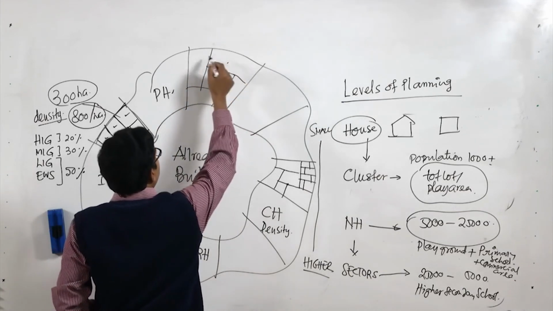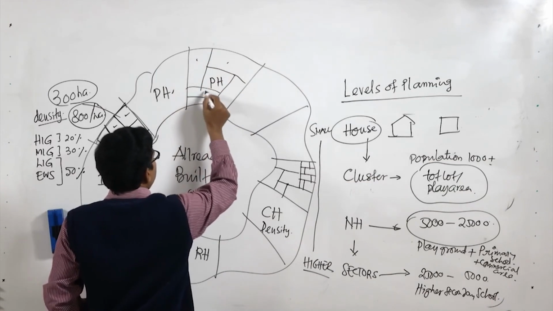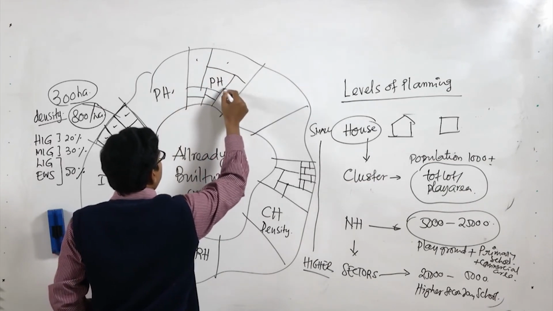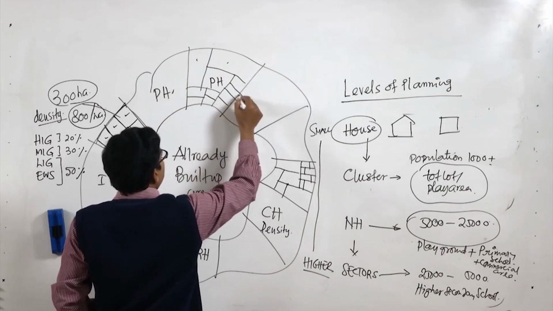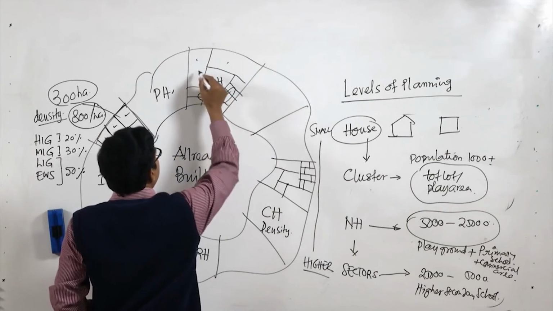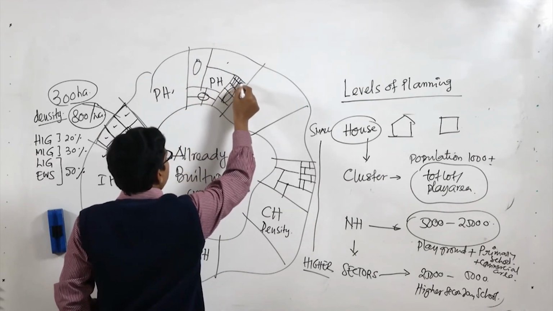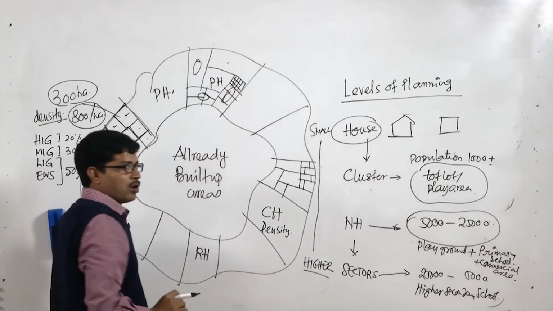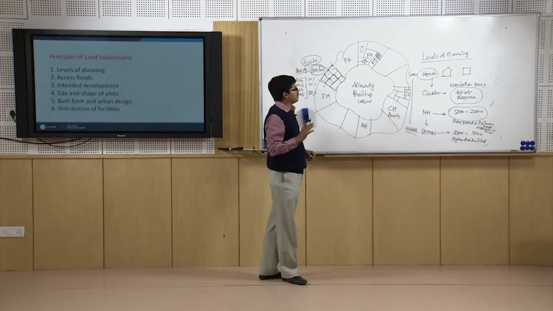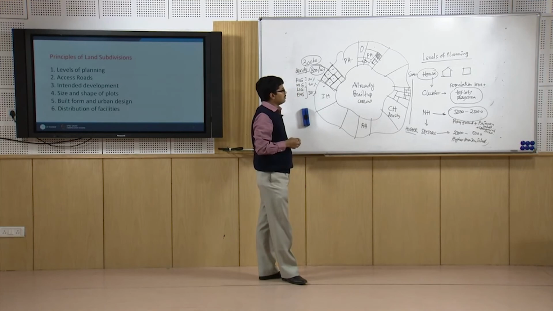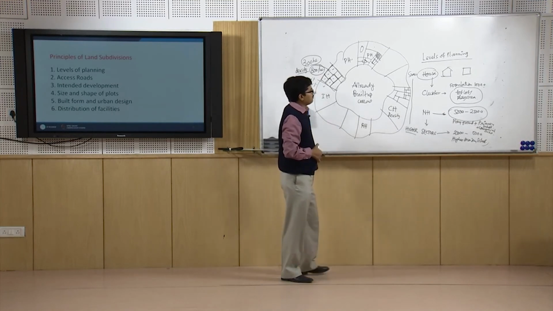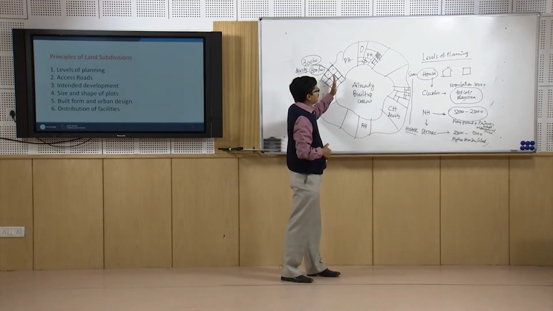So, we have to develop each sector by dividing it into various neighborhoods with some common facilities, and each neighborhood will have several local roads and small plots. I will show some examples so that you can understand in a better way. So, this is the science of dividing any bigger plot into smaller plots.